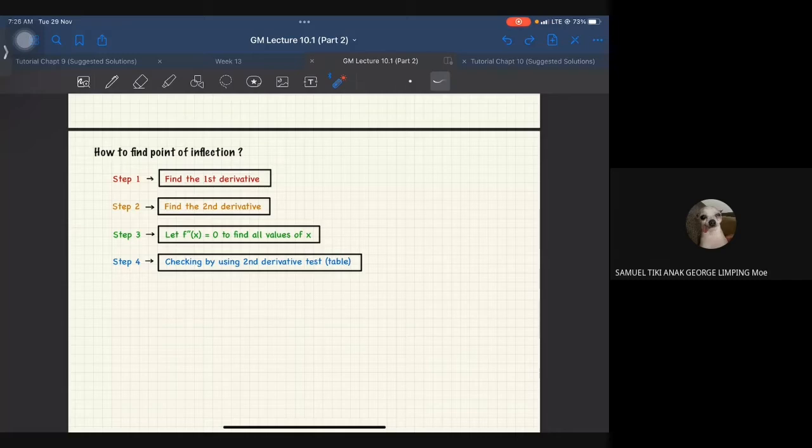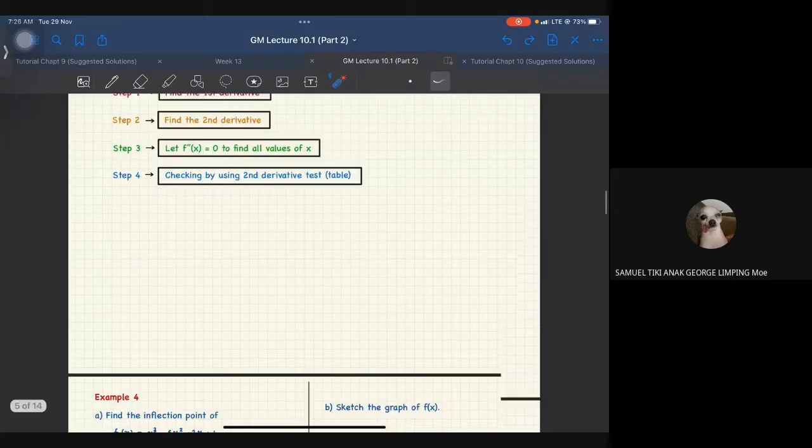Okay, so this is the third step. And then last step, awak kena prove that betul tak nilai yang awak cari pada step ketiga tu is really an inflection point. So macam mana kita nak test the value? Kita akan gunakan second derivative test tapi menggunakan table of first derivative. Okay, nanti saya ajar macam mana.